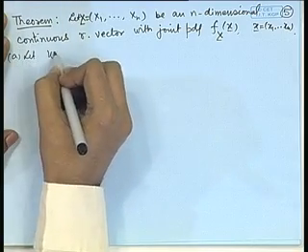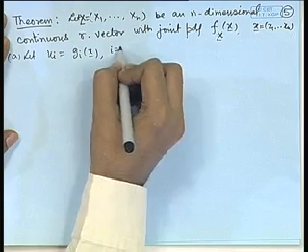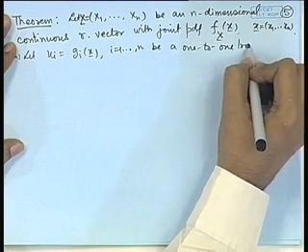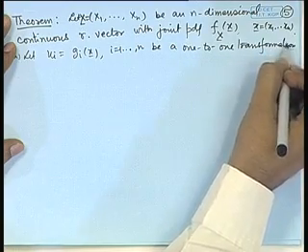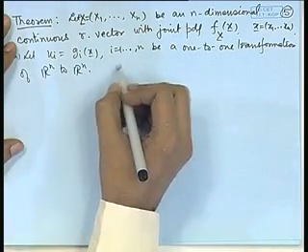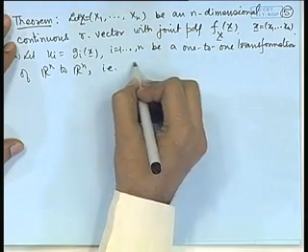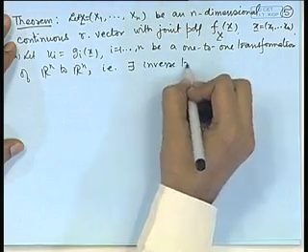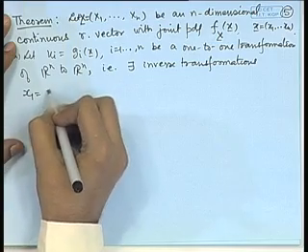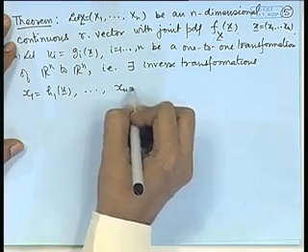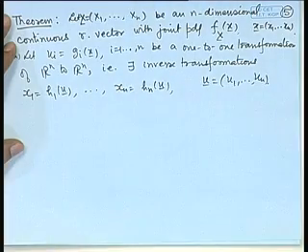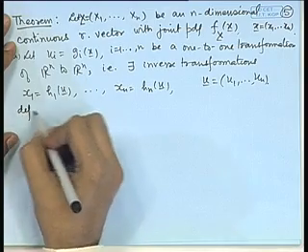Let ui is equal to gi(x), i is equal to 1 to n, be a 1 to 1 transformation of Rn to Rn. That is, if I am taking 1 to 1, then there exist inverse transformations. Let us call it, say, x1 is equal to h1(u) and so on, xn is equal to hn(u), where u is (u1, u2, ..., un), defined over the range of transformation.